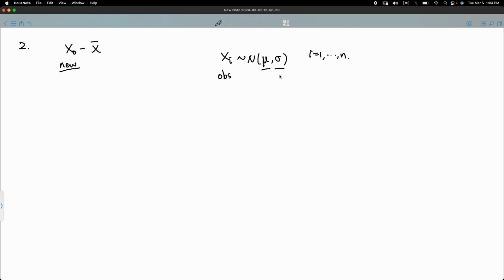First of all, we need to find the distribution. Let me ask a question. What would be the distribution for the new observation x0 minus x bar, where x0 is also coming from this distribution? What would be the distribution of this difference?